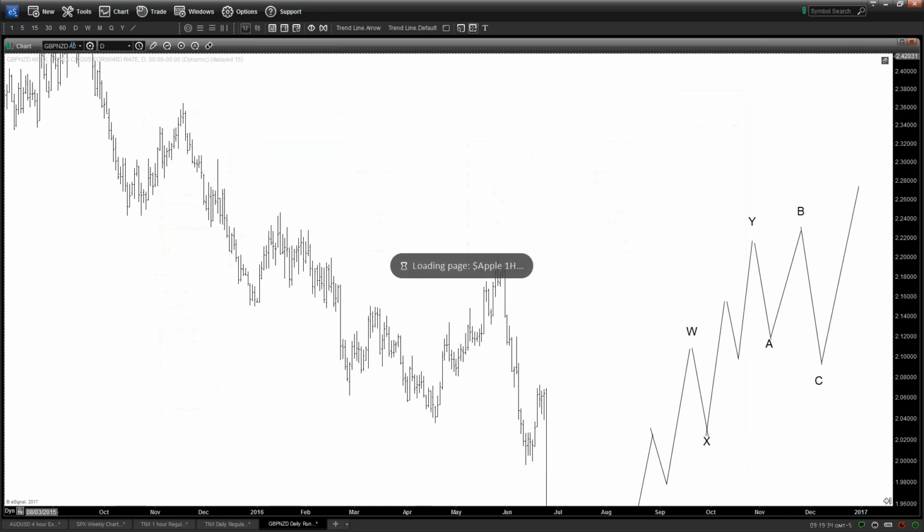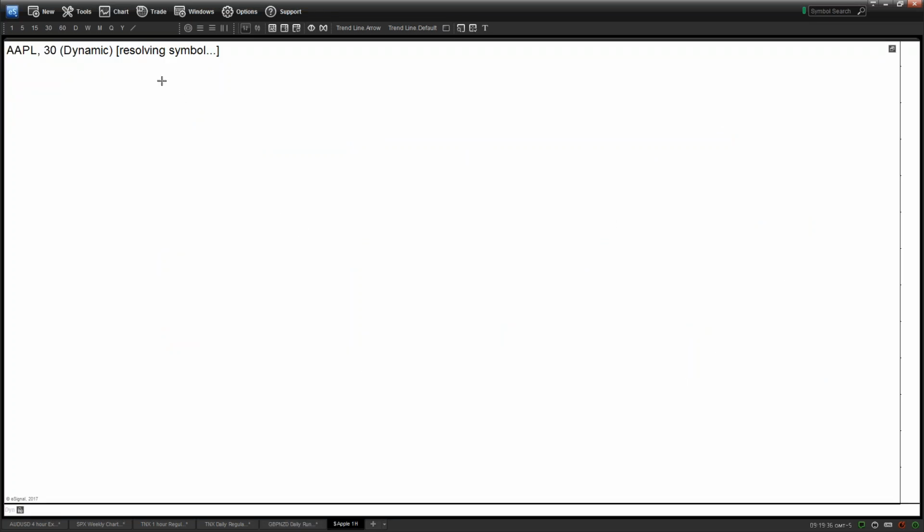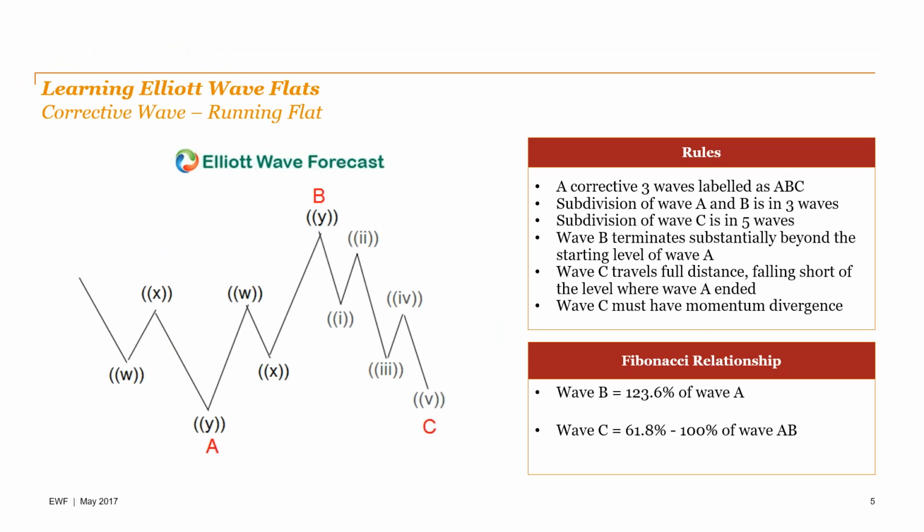I don't think I can open Apple here. I cannot open Apple, but I can show you from our website just to give you an idea. Let me see.